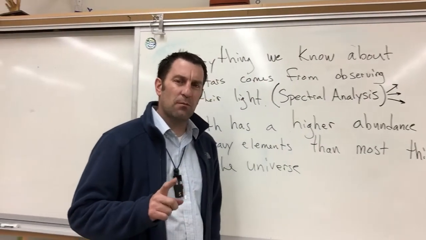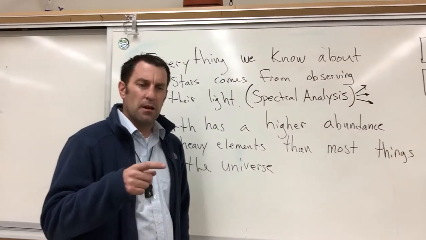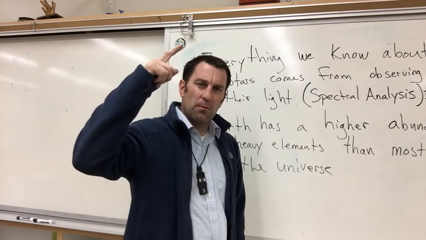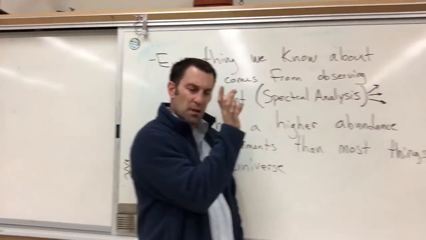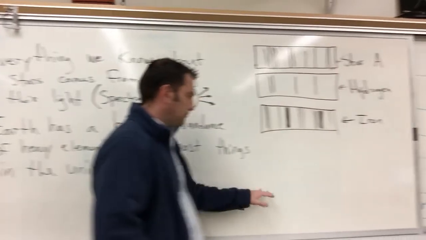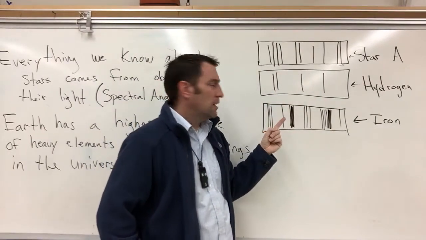And if you remember that lab where we lit basic elements on fire and excited their electrons, they jumped up, the electrons fell back down and gave out light. And we looked through those spectroscopes and we found things that looked a lot like this. These are called spectral lines.